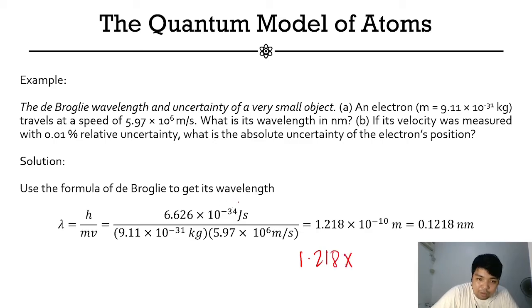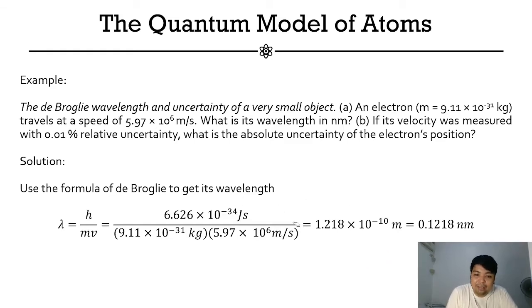We have this in meters here, and we know that 1 meter is equal to 1 times 10 to the 9th nanometers. So we just multiply this by 1 times 10 to the 9th, and you will get this answer here, which is 0.1218 nanometers.